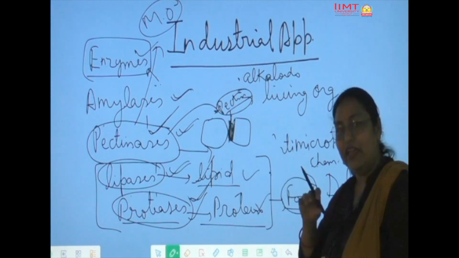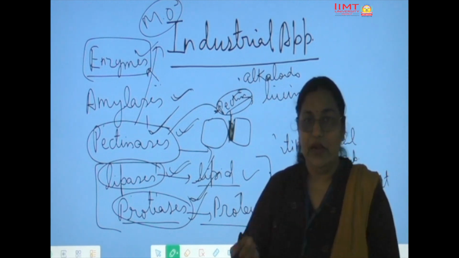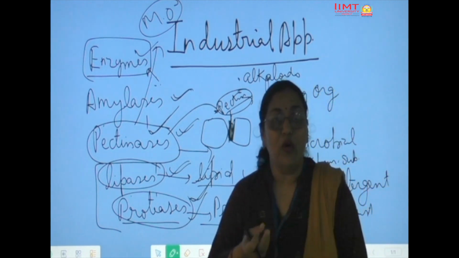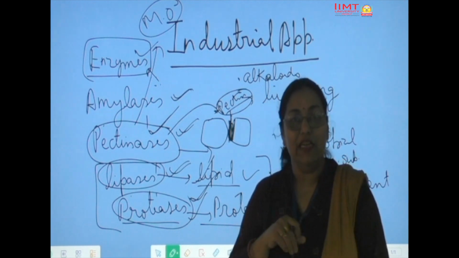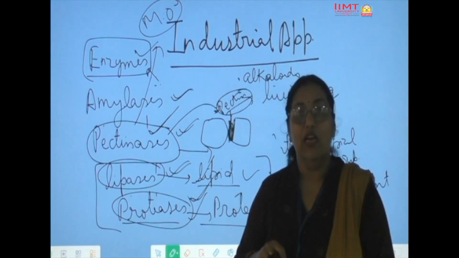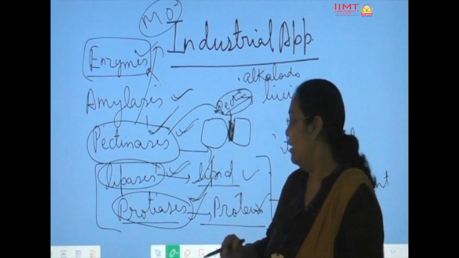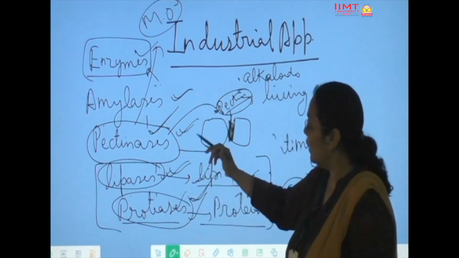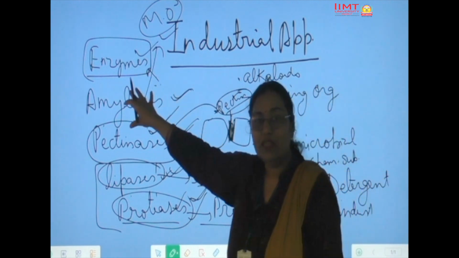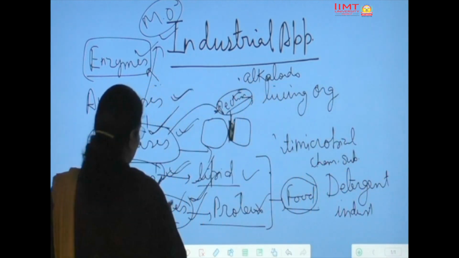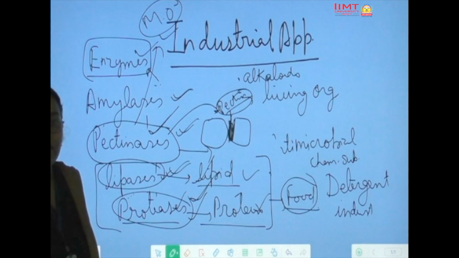If we talk about an oil stain, it is a lipid. A milk stain has lipid as well as protein. So these stains are cleared by these enzymes, which again are produced by microorganisms. This is the importance of these enzymes in industries.